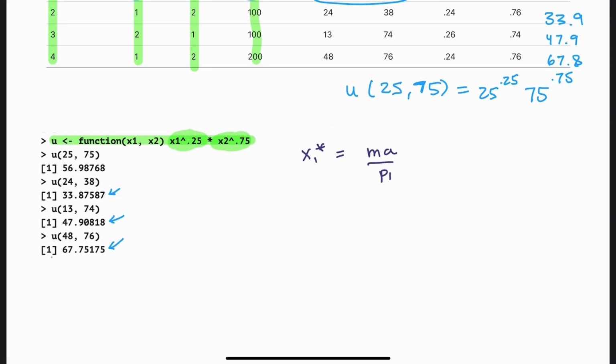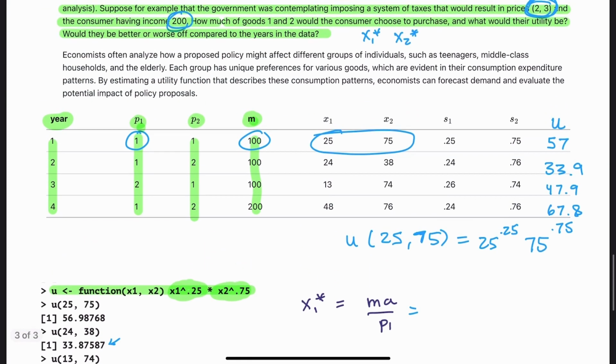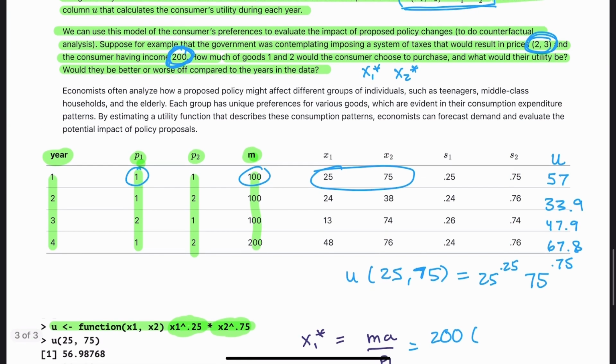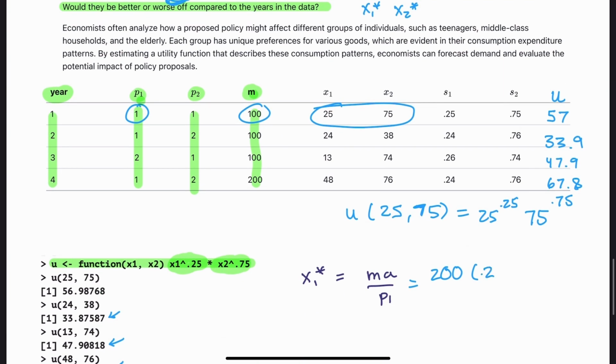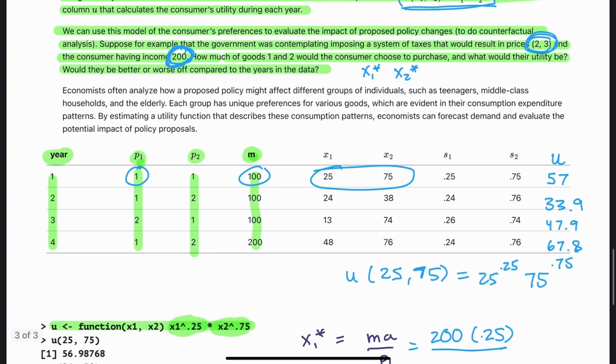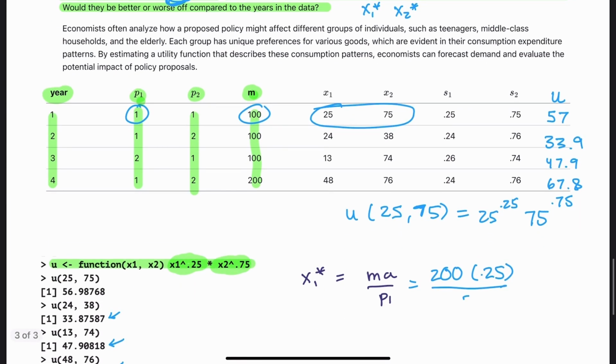X1 star is M, which we said is 200 here, times the coefficient for X1, which is 0.25, divided by the price of good 1, which was 2. So that comes out to be 100. A quarter of 100 is 25.